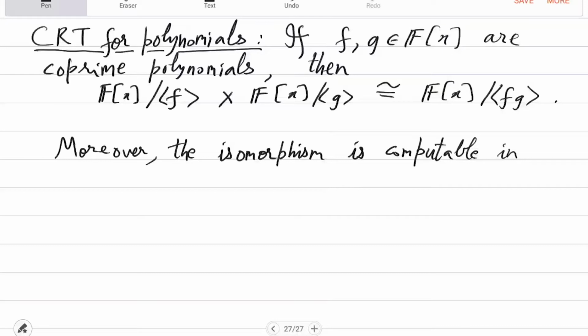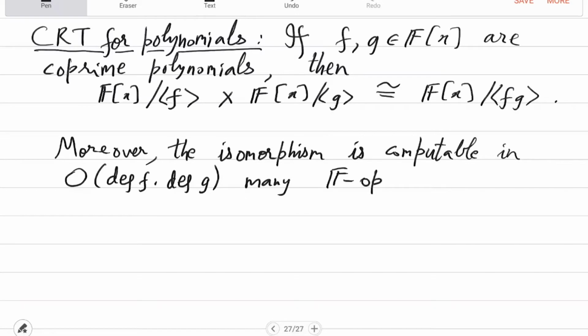Right, so you have to recall how much time f inverse mod g computation requires. So you will get this in terms of degrees. So these many F operations, which we are not going inside. The ring operations in F, the field operations in F, we are counting as unit time. On top of that, it is degree f times degree g many such operations.